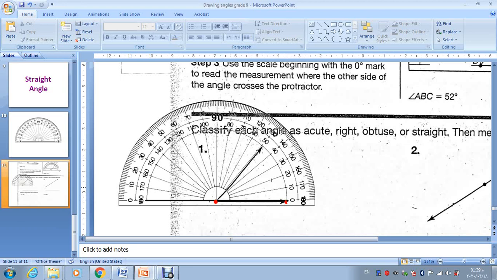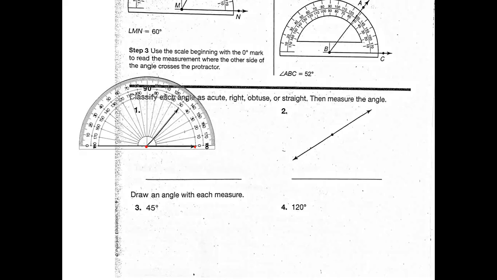So the angle here is 50 degrees. This angle is 50 degrees, because we counted 0, 10, 20, 30, 40, 50. So yes, it is 50 degrees.